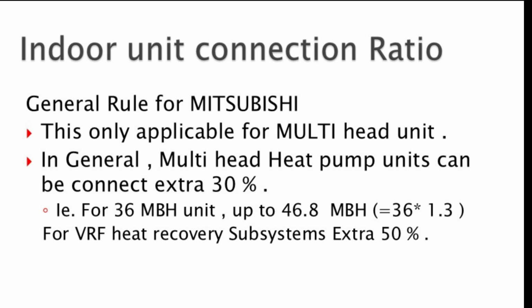This also applies to VRF systems, except for heat recovery systems, where the limit is 150%. If indoor units are connected up to 130%, and they all demand full capacity, their output will be prorated based on their rated capacity. Depending on your application, you may want to connect units at 100% or 130%.